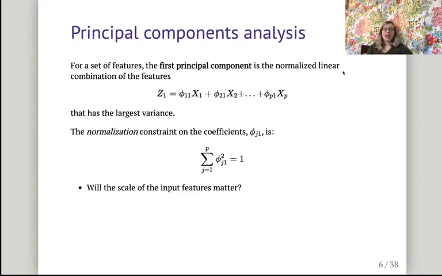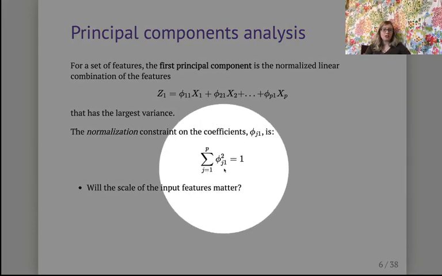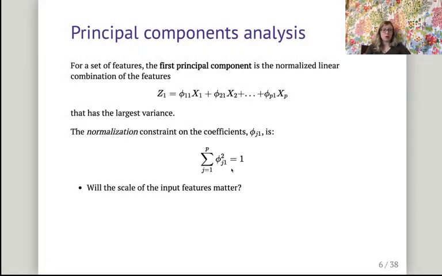Now we can arbitrarily increase this variance just by increasing the size of these coefficients phis. So we add a normalization constraint. In essence, we want to have some upper bound on the size of these coefficients. Our normalization constraint is that the sum of the squared coefficients for this principal component must be equal to 1.